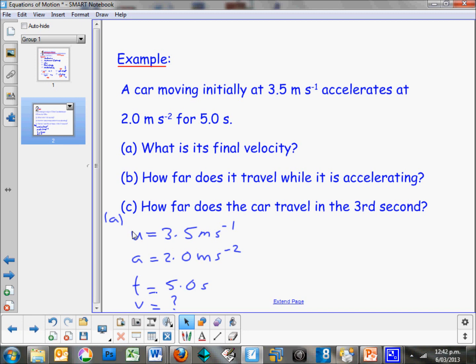So you choose the equation that's got these four terms in it, v, u, a, and t. So this is the first equation that we're choosing to use, v equals u plus at. So writing those four things down helps us to identify which equation to use. All right, once we've done that, 3.5 plus 2.0 times 5.